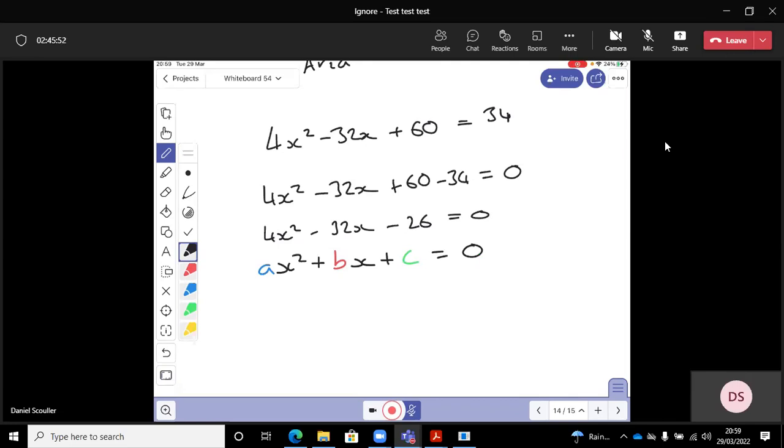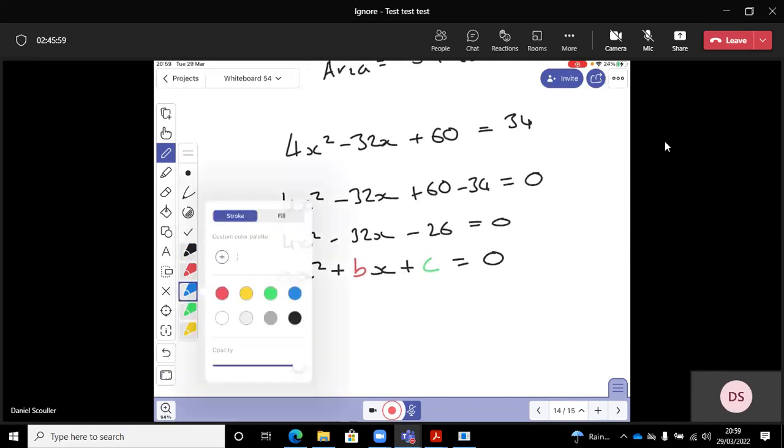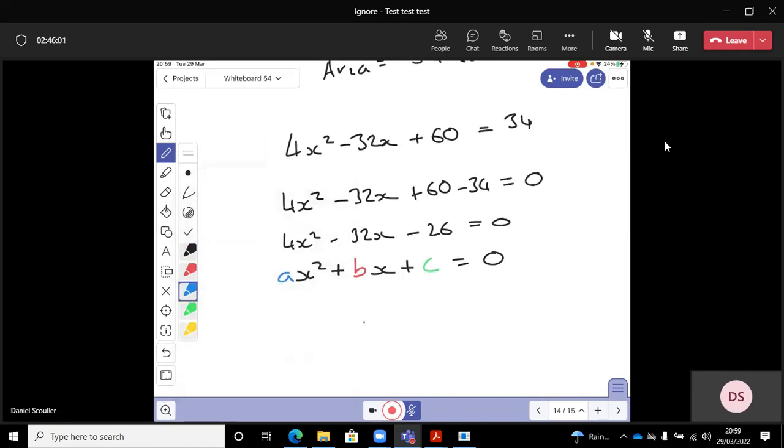That means we can extract what A is, what B is, be very careful of the sign, and what C is. And why I've done that as a negative, that should be positive 26. Okay.